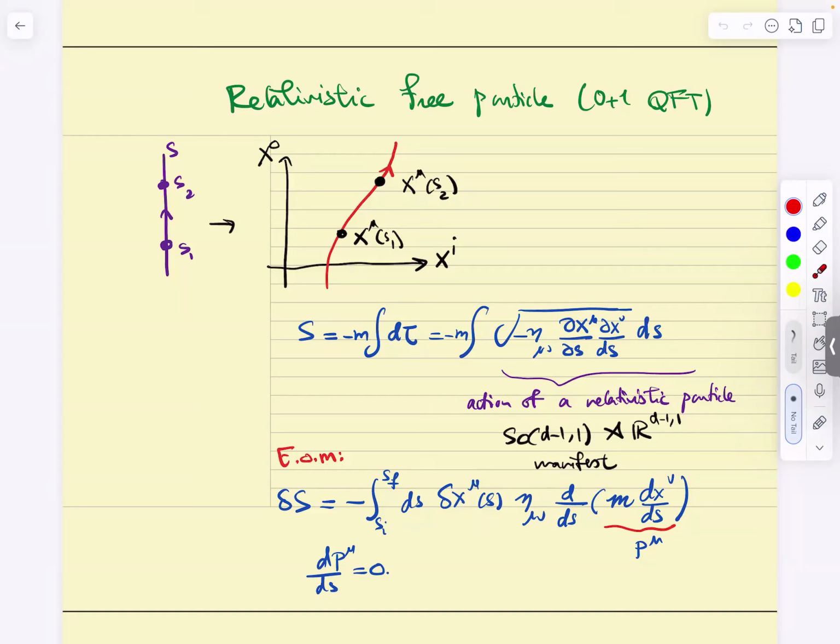What other thing can you see? Can you notice over there? Actually I do expect you to see. It's written all in terms of the proper time. This is completely independent of s. s is a parameterization.